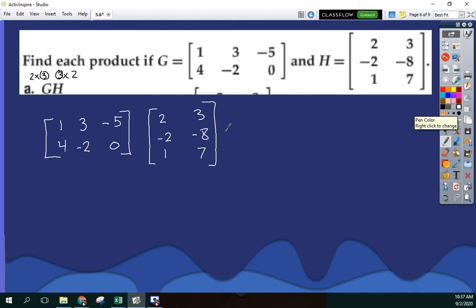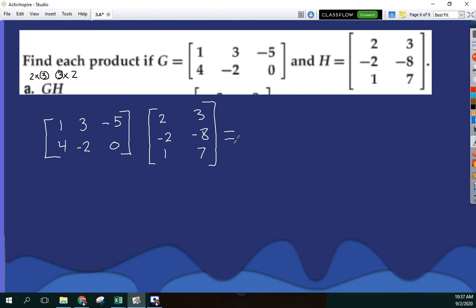So again, starting that process, I'm using the first row of my first matrix and my first column of my second matrix. So I'm going to have 1 times 2 plus 3 times negative 2. And again, we're going to continue on. This time we have 3 elements in each of those, but we just continue on with that addition. So we have plus negative 5 times 1.